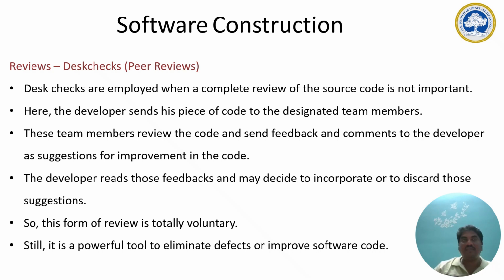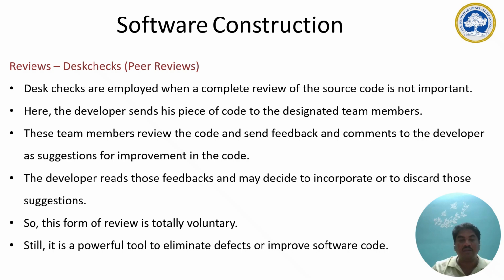Here the developer picks only a small piece of the software, some lines of code or functions, and sends it to a team member of the next project team. They check those functions and give suggestions to the original developers, who can consider the suggestions and improve their code.